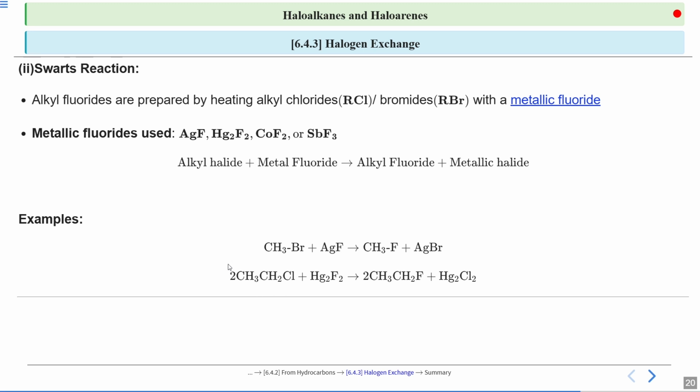Next example: 2CH3CH2Cl, ethyl chloride, reacts with metal fluoride Hg2F2, giving ethyl fluoride CH3CH2F and the metallic halide Hg2Cl2 as a side product. So this is what the Swarts reaction is, from which we especially prepare alkyl fluorides.